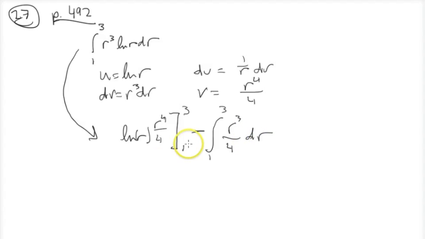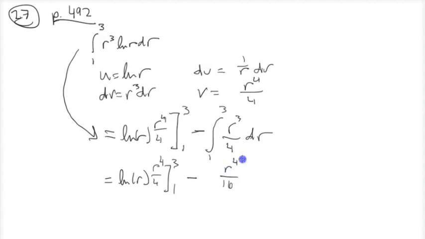Now, we don't need to do integration by parts again, we can solve this integral ourselves. So we've got ln of r to the 4th over 4 between 3 and 1, minus, and then this r cubed becomes an r to the 4th over 4, and the 4 times 4 is a 16.